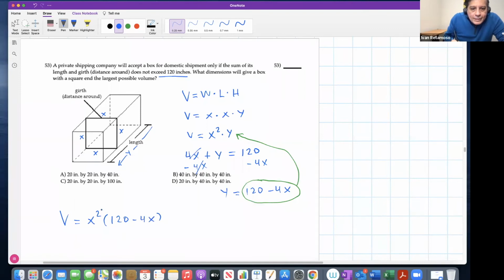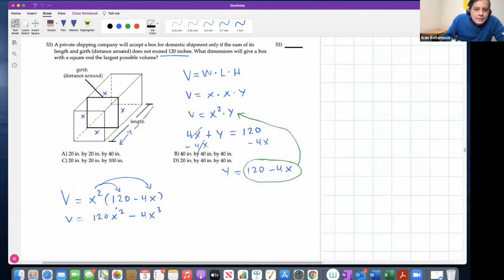Now multiply: V will be equal to 120x squared minus x squared times 4x, 4x cubed. It's a cubic polynomial function.